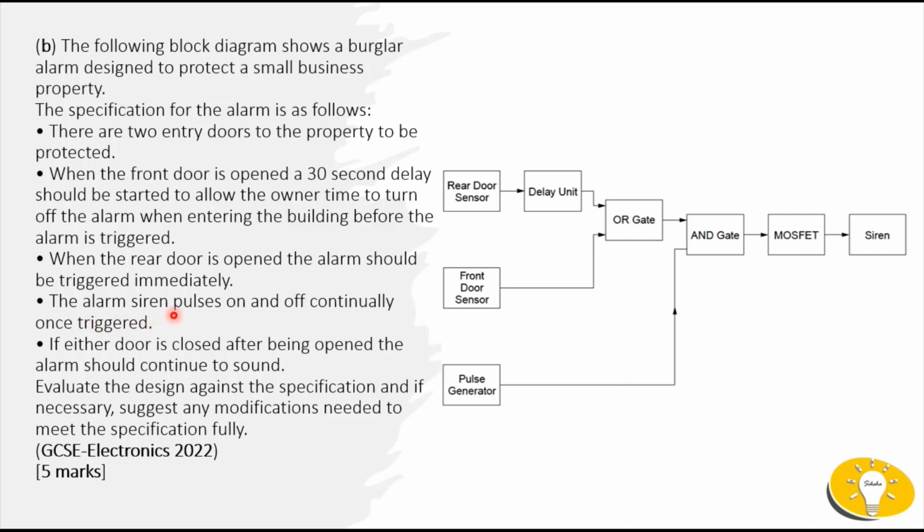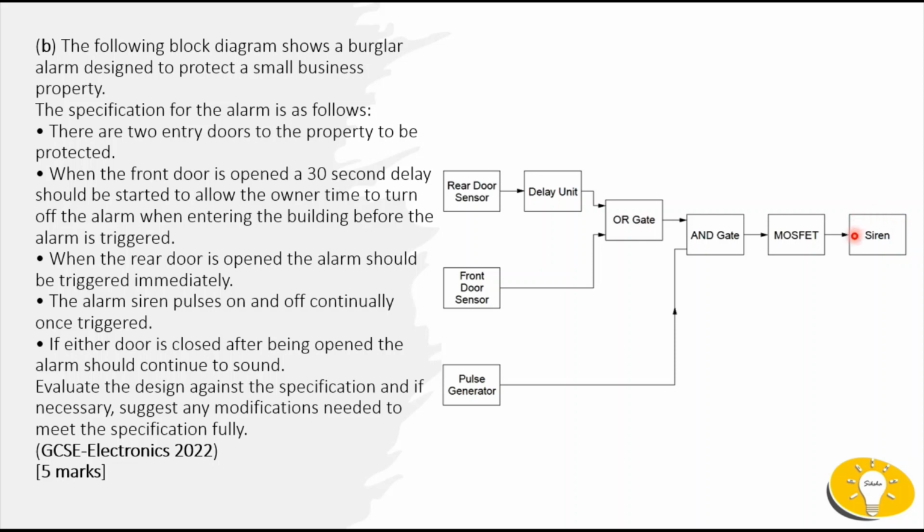The alarm siren should pulse on and off continuously once triggered. So this siren or buzzer or alarm should be turned on and off, right? It should create a pulse sound continuously once it is triggered.